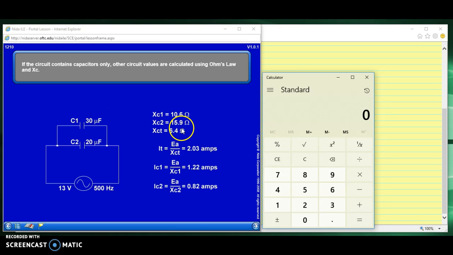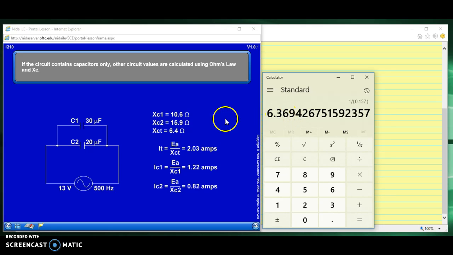Now we could do the product over sum, or we could just add these together and do for X of C total. I like adding them together. So 20 and 30 is 50. I can do that in my head. I can take 2 times pi, which is 3.14, which is 6.28, times the 500, equals times 0.000050, and 6 places equals, divide that into 1, 6.369.